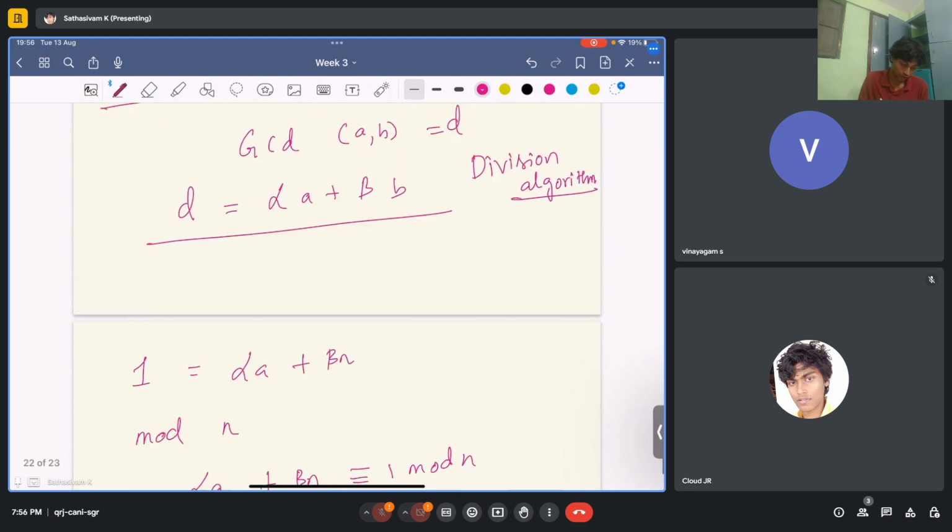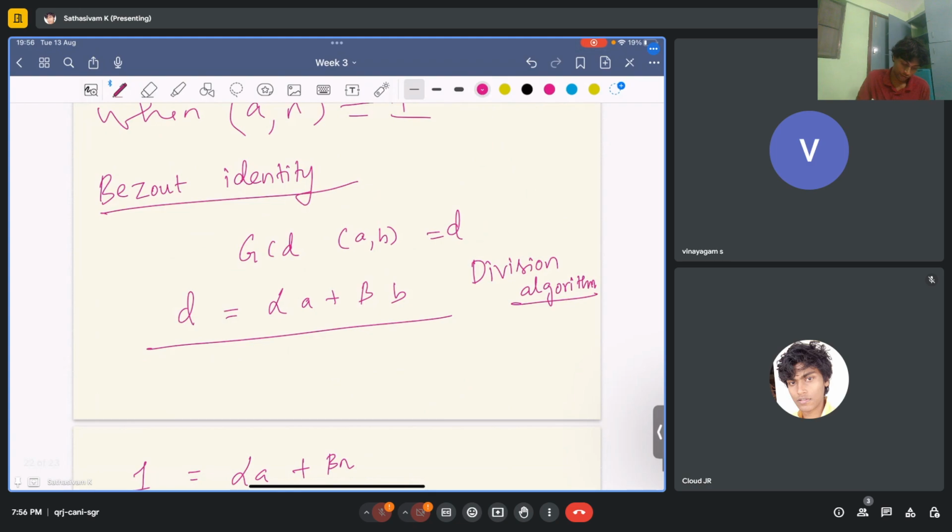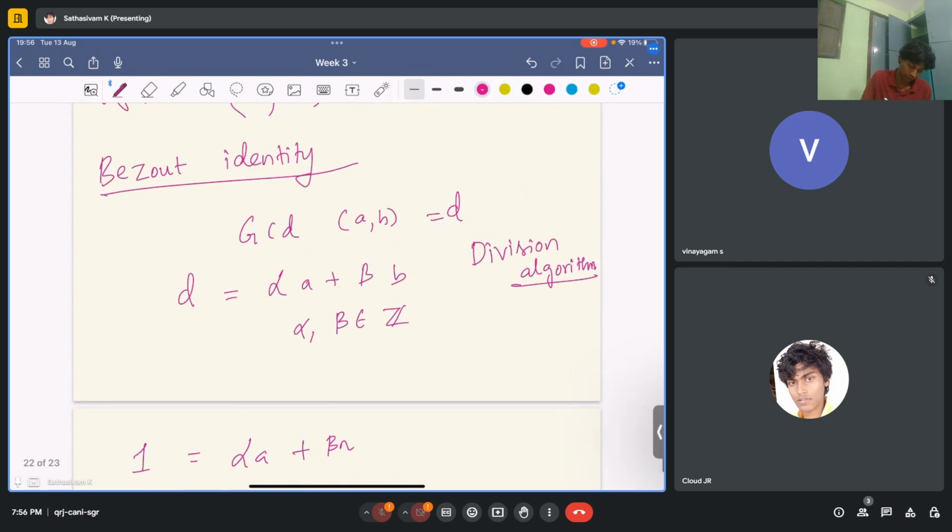Here, if the GCD is D, then you can write this as alpha A plus beta B, where alpha comma beta belong to the integers. Moreover, D is the smallest such element.